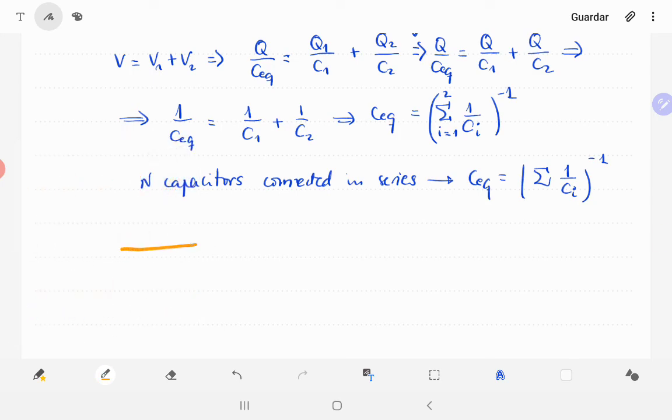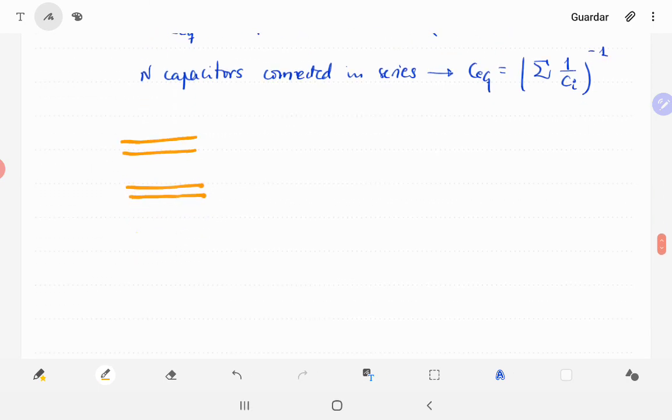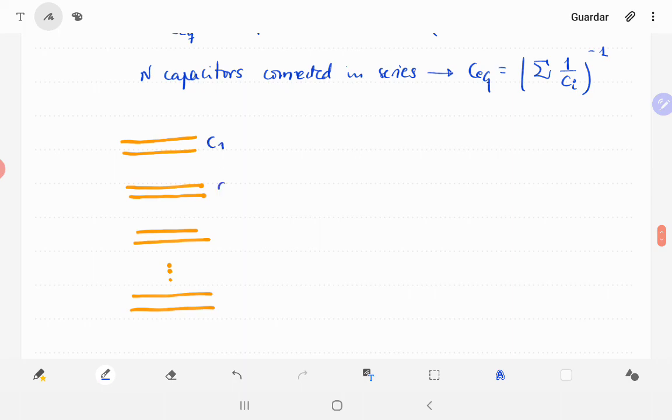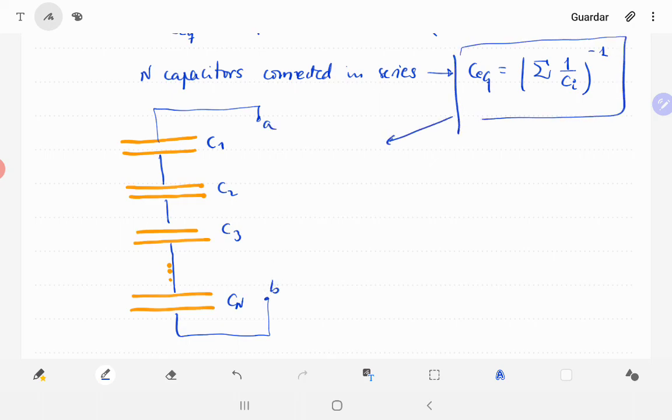Well, this is C1, this is C2, this is C3, etc. up to Cn, and they're all connected in series. Okay, and their equivalent capacity would be given by this.